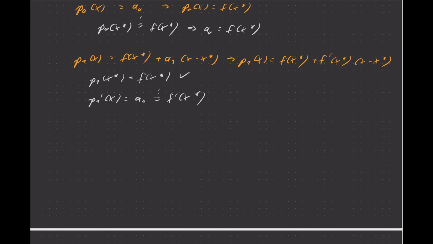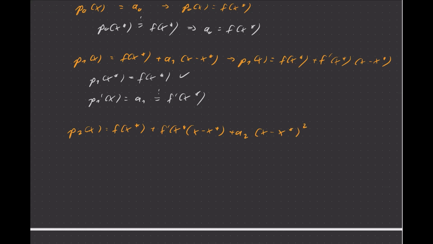Hopefully that becomes more interesting now. So let's start with P2 here. Now, P2 of x will continue in the same way. We'll reuse our P1, so we just copy the first part here. And then we'll add one more term, and that term has the form a2 times x minus x star squared.